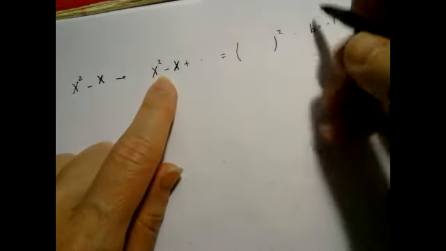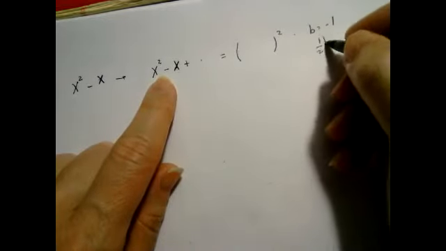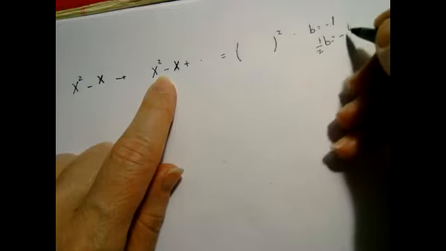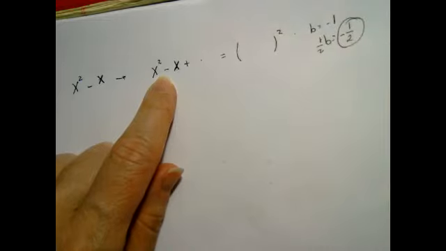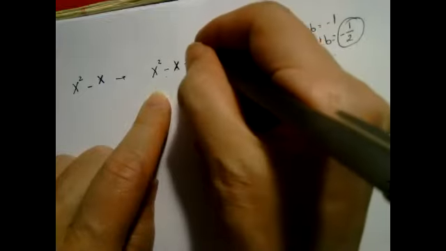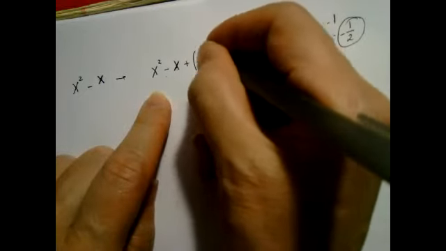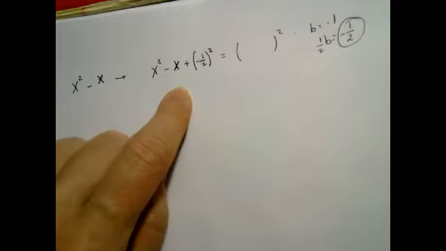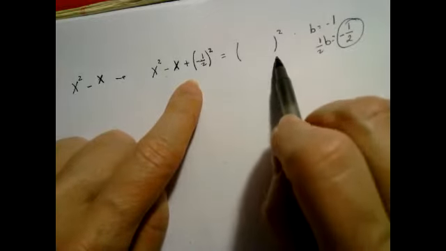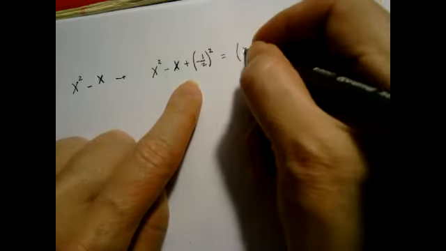So what I should add is half of it. So don't be afraid of fractions. Half of it is basically minus a half. So what I should add to it is minus a half squared. Exactly. And then this will be the following term.